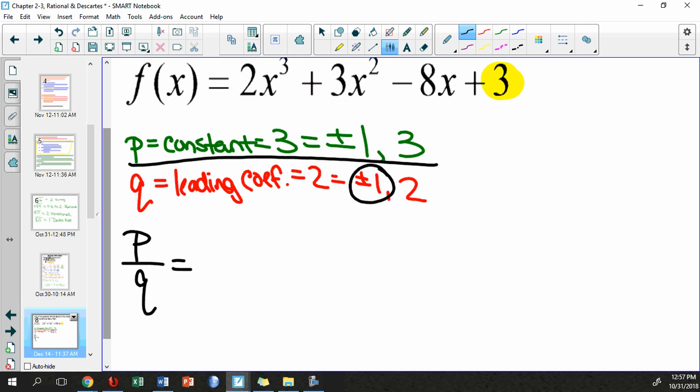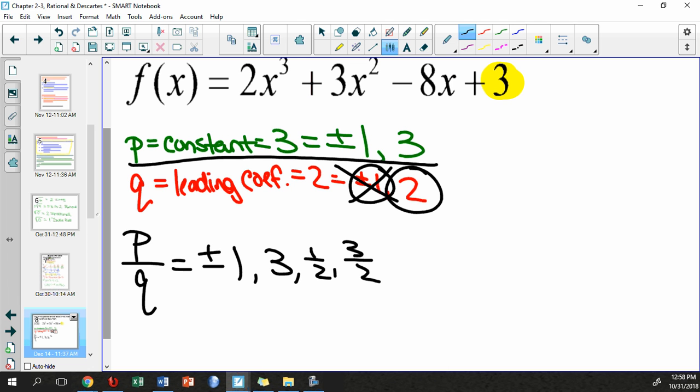And you're going to take every number in the numerator and divide it by that number. So what is 1 divided by 1? What is 3 divided by 1? Then go ahead and cross that off and go to the next number. What is 1 divided by 2? And what is 3 divided by 2? So now I know that I've done all of them. Do we see that? Okay.